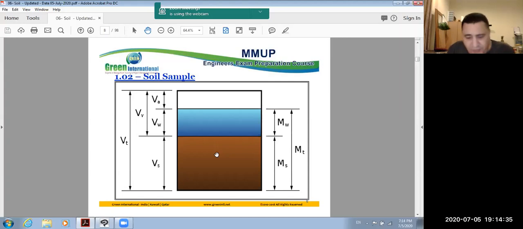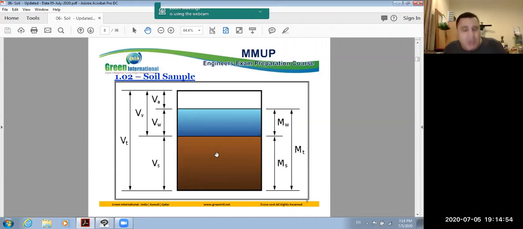Maybe 3 points, 4 points, 5 points. Each sample has solids, water, and voids. Any sample of soil has 3 components: void, water, and solid.